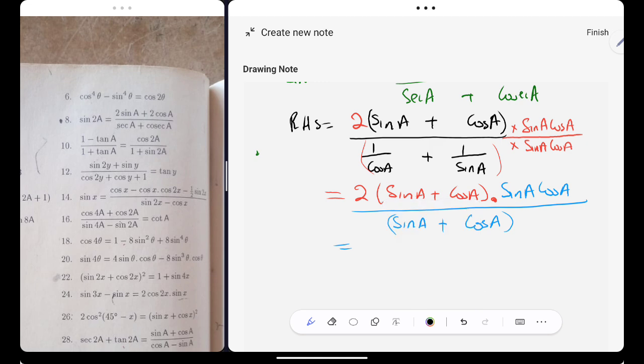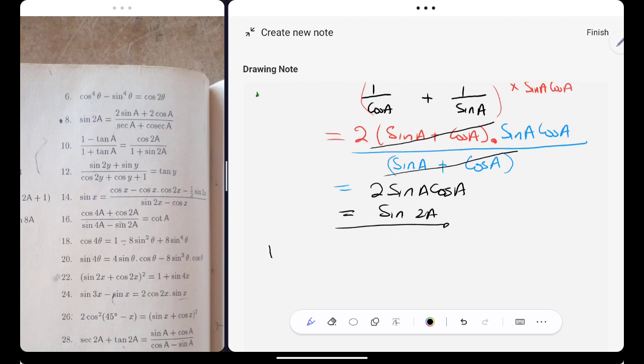Since everything is multiplied here, this will cancel this, and I'll be left with 2 sine A cos A, which is equal to the double angle for sine. So now I've shown that the right hand side is equal to the left hand side.